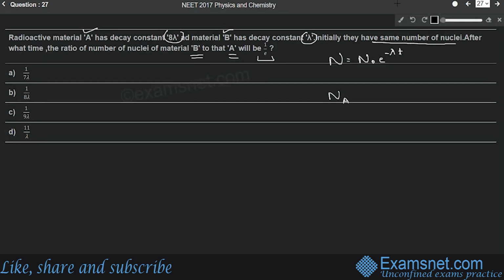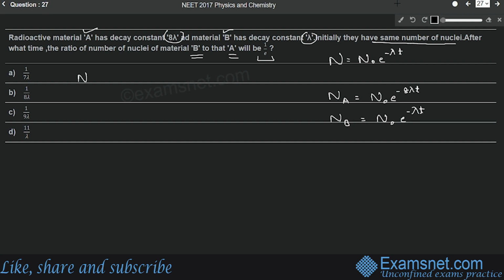If we write this for material A, then Na will be equal to N naught e to the power minus 8 lambda t, because the decay constant for A is 8 lambda. Similarly, for material B, Nb will be equal to N naught e to the power minus lambda t, because the decay constant is lambda for material B. N naught will remain the same because they have the same number of nuclei initially.